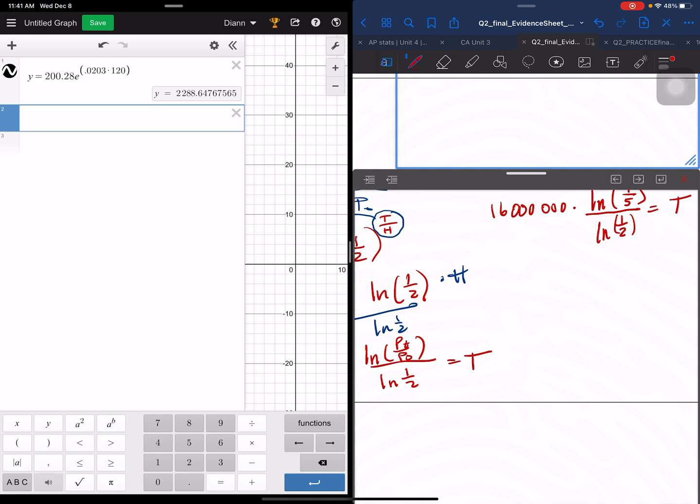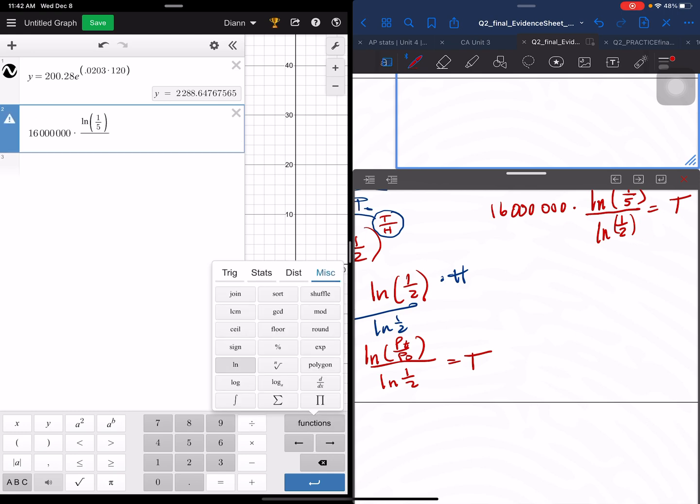So 16 million, times the natural log of 1/5, and then I'm going to end that parenthesis. Whoops, we need to move it out. Now end the parentheses. I'm going to divide that by the natural log of 1/2.